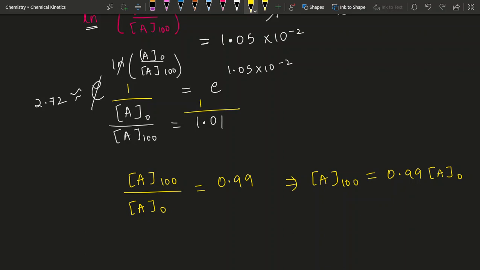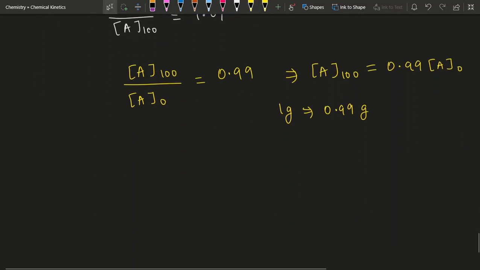So notice, if you start with 1 gram of plutonium and think that it will disintegrate, even after 1 century, even after 100 years, you are still left with 0.99 grams of that substance, and it will still continue to decay.